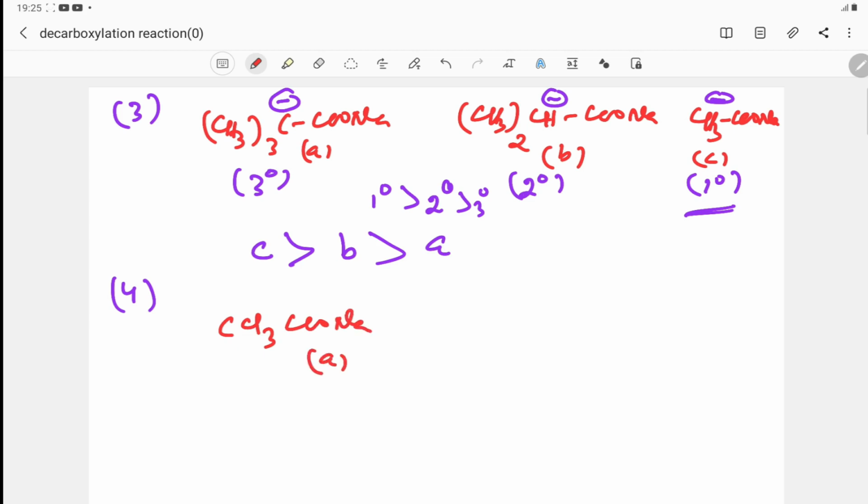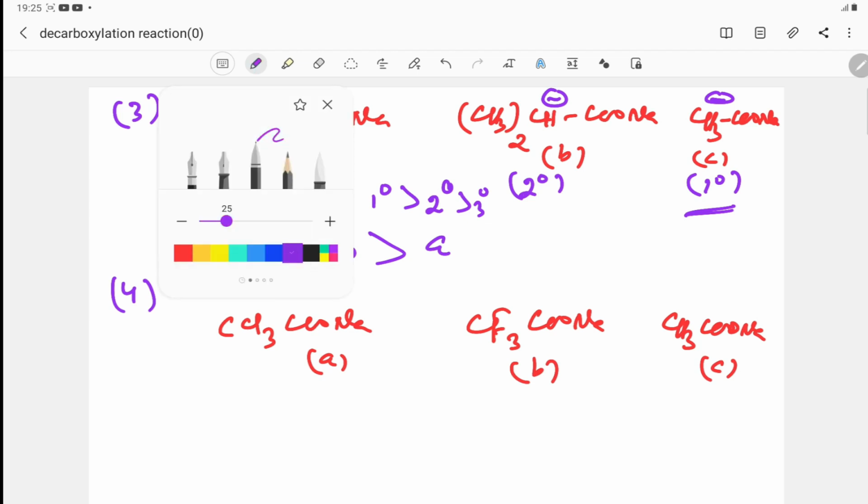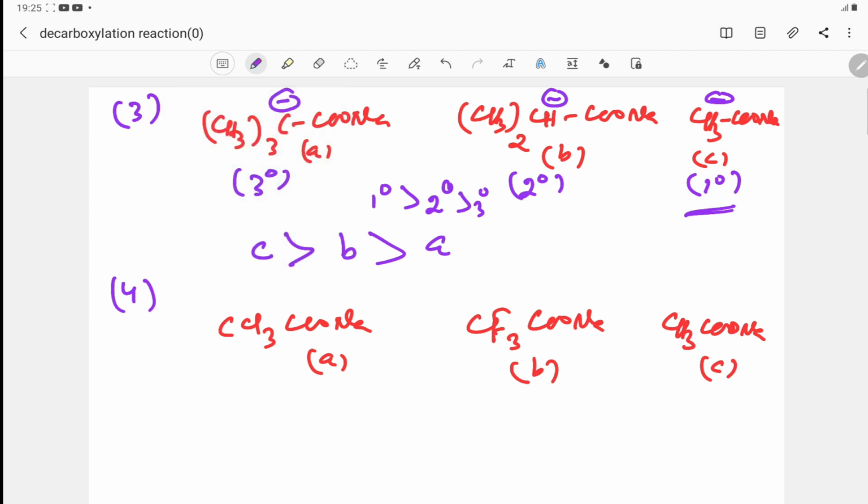Suppose this is A, then CF3COONa, then CH3COONa. This is B, this is C. Here similarly we have to see the stability of the carbanion. Which carbanion is produced? This is the carbanion, and this is the carbanion.